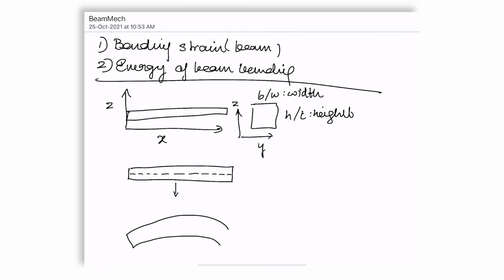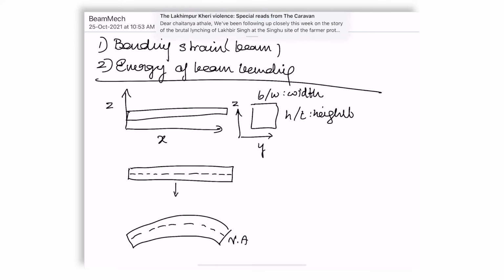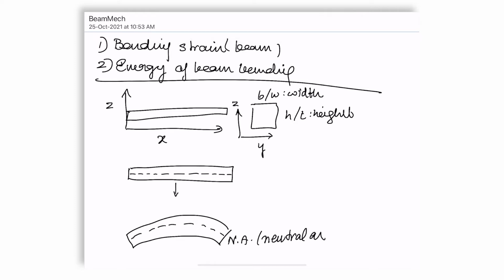That axis we define then as the neutral axis. And indeed, those components below the neutral axis will undergo compression, while those above it will undergo expansion.